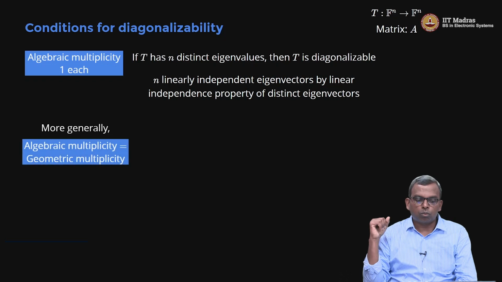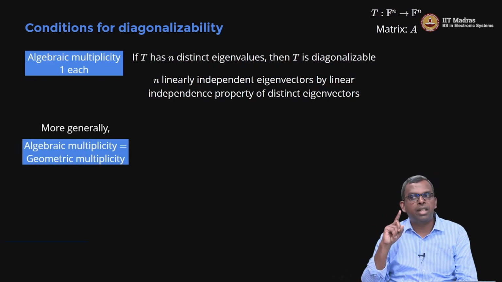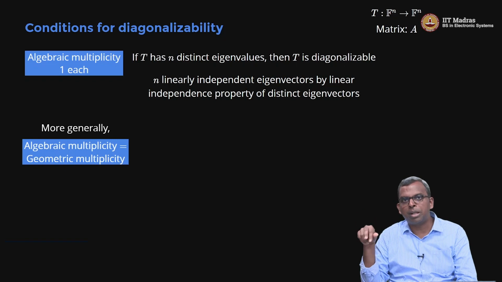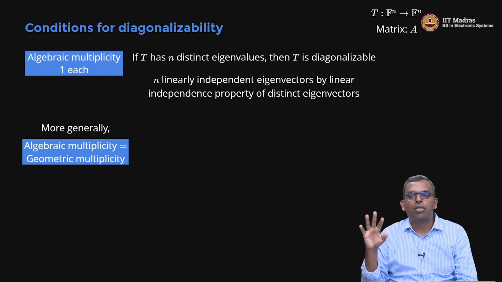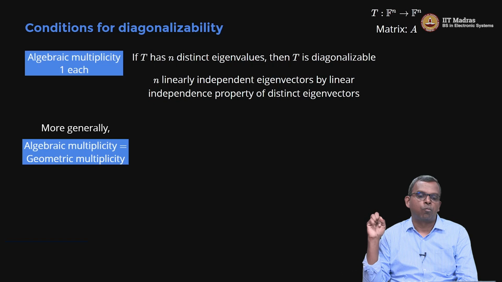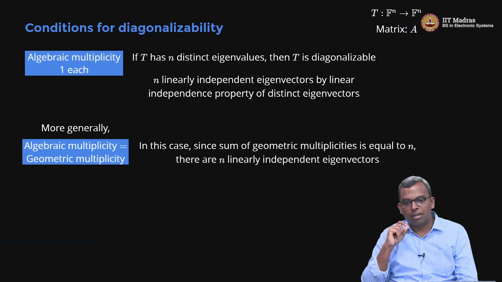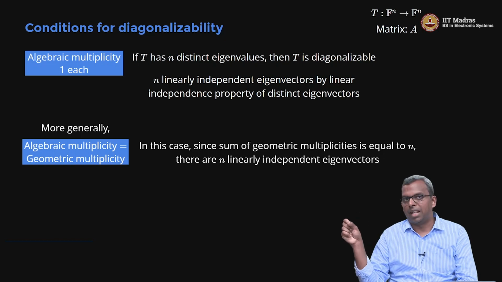More generally, if algebraic multiplicity equals geometric multiplicity for every distinct eigenvalue, both need not be 1. Whenever algebraic multiplicity is 2, geometric multiplicity should also be 2. If algebraic multiplicity is 3 for an eigenvalue, geometric multiplicity should also be 3. As long as both are equal all the time and nowhere is it strictly less, the sum of geometric multiplicities is n, which means there are n linearly independent eigenvectors.